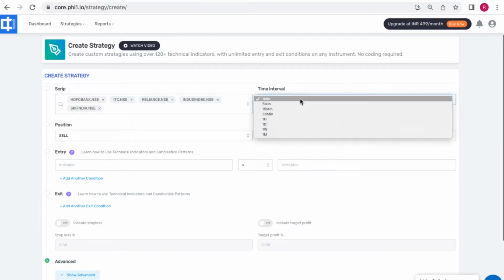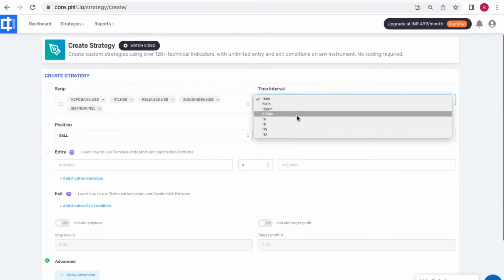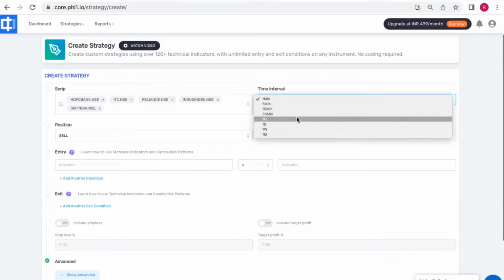Okay, now let's select the time interval for the candles. I'm going with the 1 hour candle, but you can choose any interval between 1 minute and 1 month.